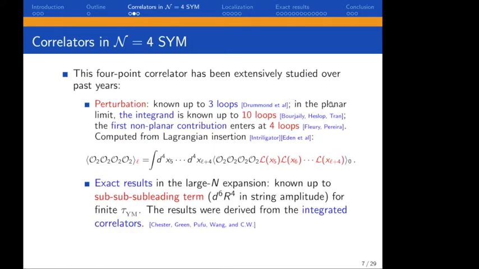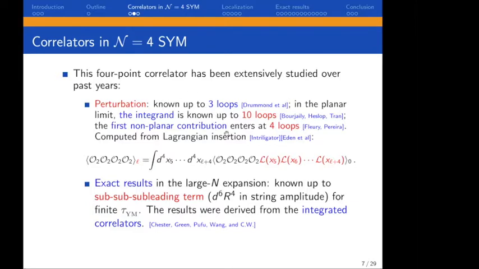And in the planar limit, the integrand, so not the integrated result, was constructed up to 10 loops. Another important effect about this correlator, which will be relevant to us, is that the first non-planar contribution first enters at 4 loops, not 2 or 3.